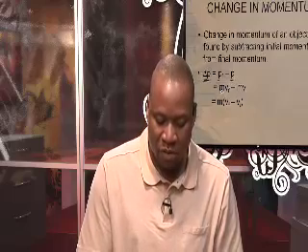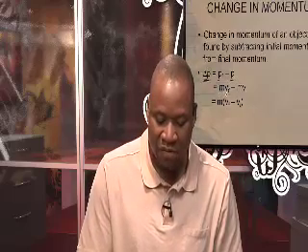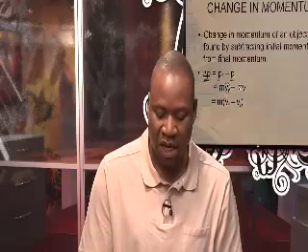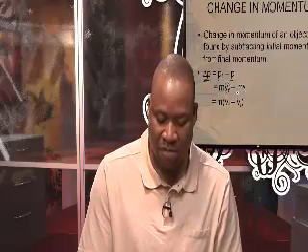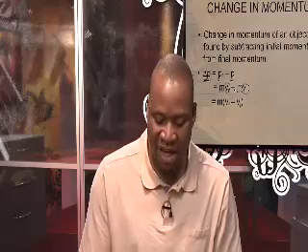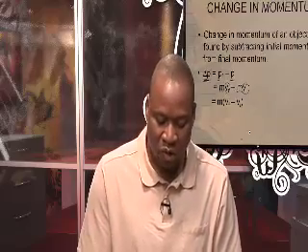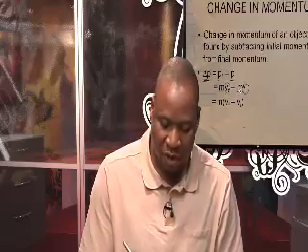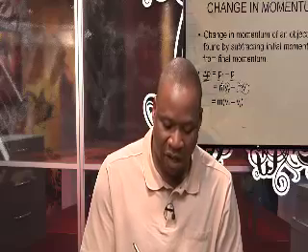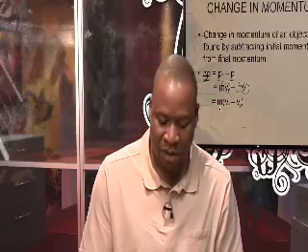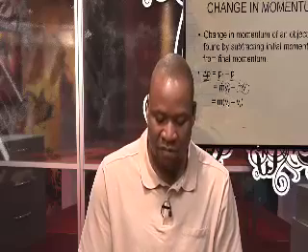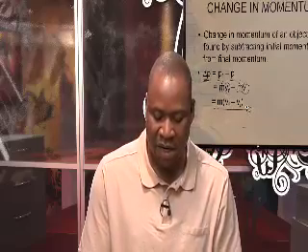Momentum final is given by the mass of the object times the final velocity, and momentum initial is given by the mass times the initial velocity. Because we're looking at the same object, this m can be factorized out mathematically, so we have m times (v final minus v initial).